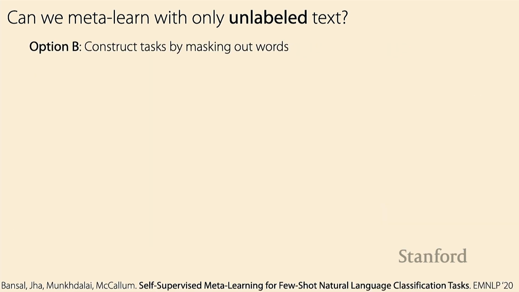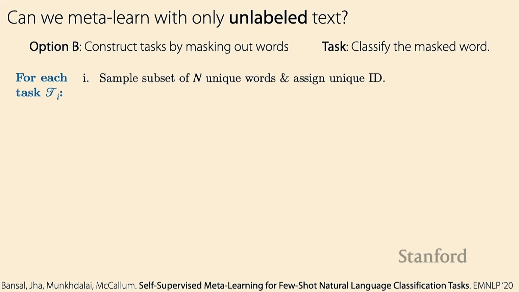The second option, which is basically the other form of generative pre-training we talked about, is to use masked language modeling. And the tasks here will just correspond to masking different words. Concretely, the way that you can do this is for a given task, sample a set of n unique words, and assign each of those words a unique ID. So for example, you could sample the word democratic and the word capital and assign an ID of 1 to democratic, an ID of 2 to capital.